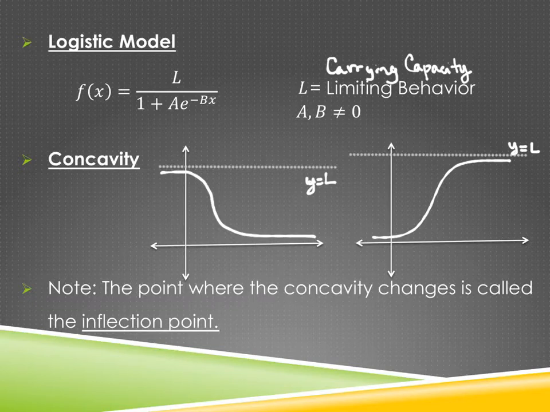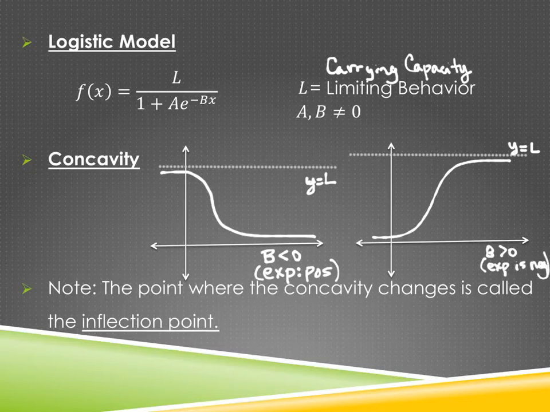On the left-hand one, the b value is actually negative, which means that your exponent is positive. And on the second one, the b value is positive, which means your exponent is negative.